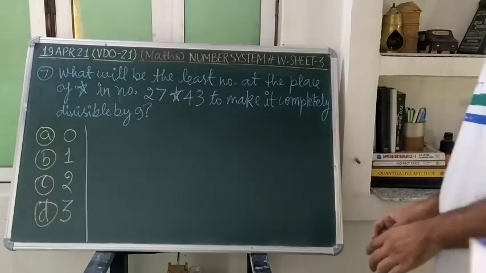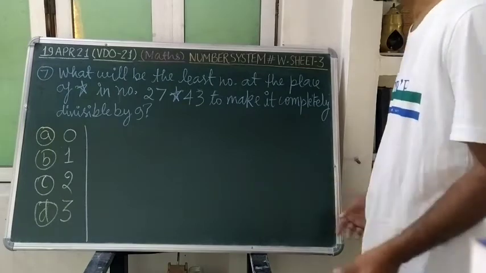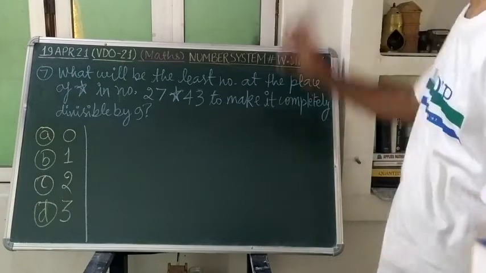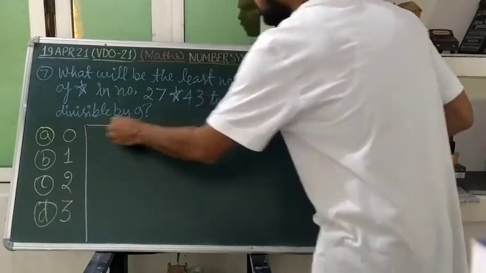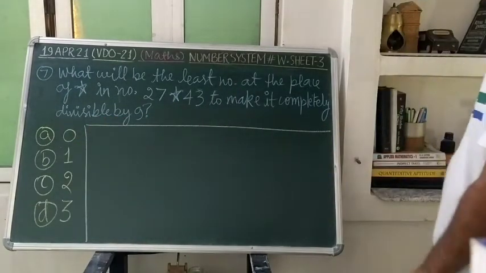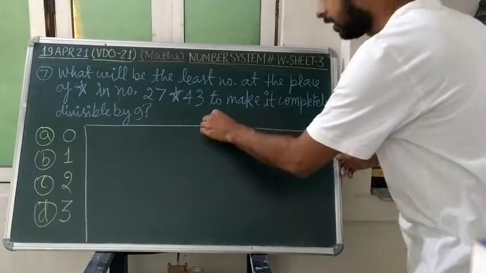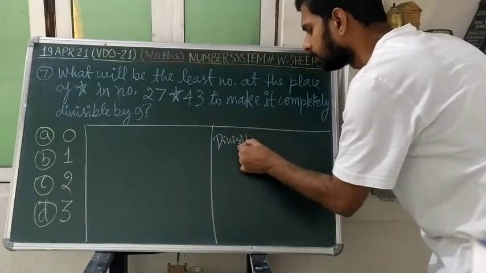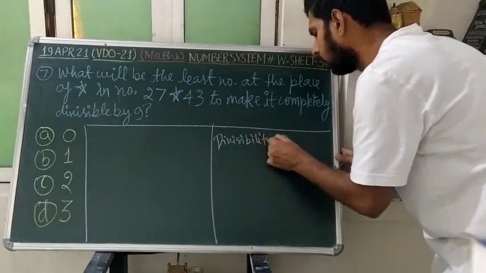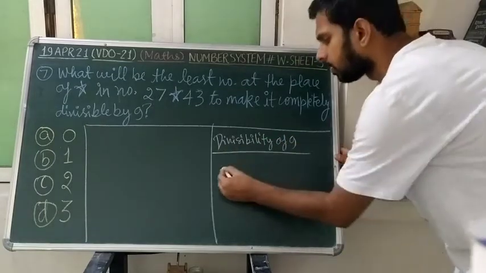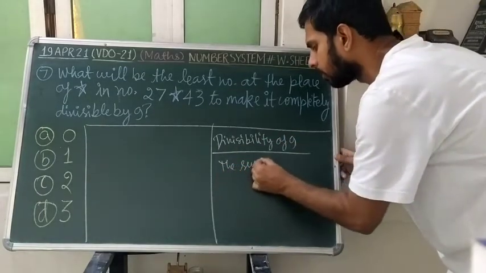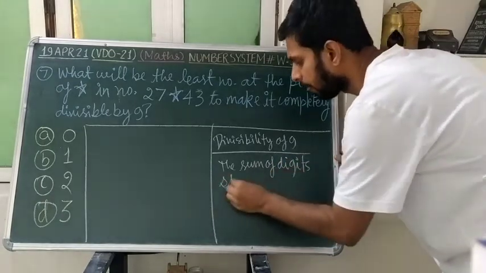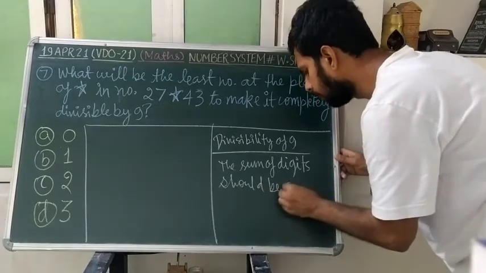Seventh problem: what will be the least number at the place of star in this number to make it completely divisible by 9? So we want to make it divisible by 9. The divisibility rule of 9 is that the sum of digits should be divisible by 9.